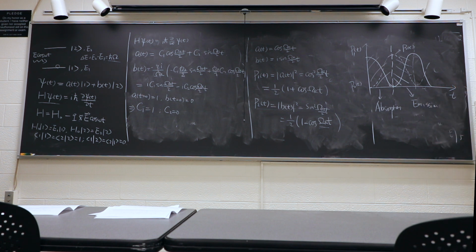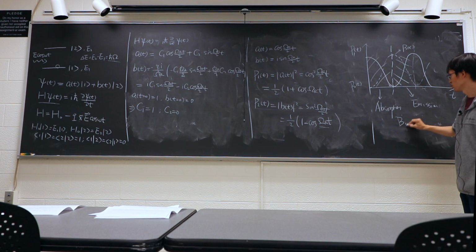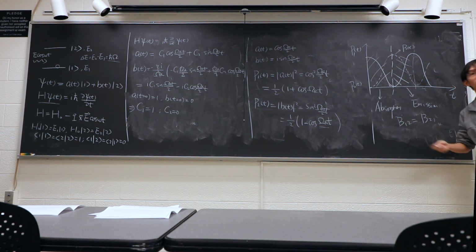So you now see absorption and stimulated emission are the same process. Okay, they just have a minus sign there. Up and down. So this is why in Einstein's model B12 and B21, the stimulated emission coefficient is the same as the absorption coefficient. Okay, so this is for this class. Okay, thank you.